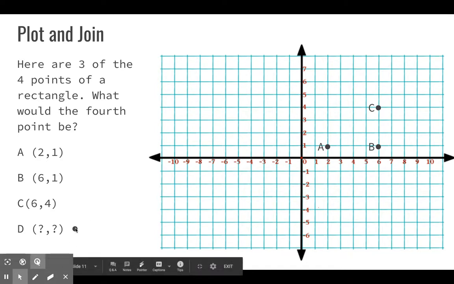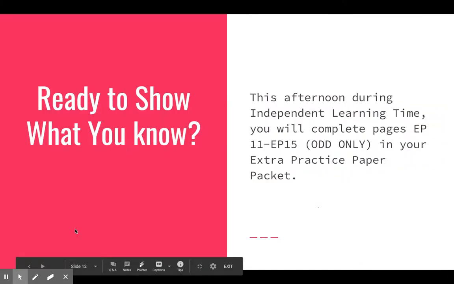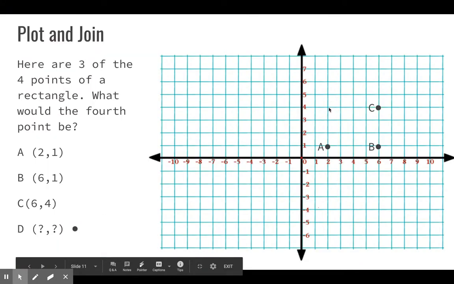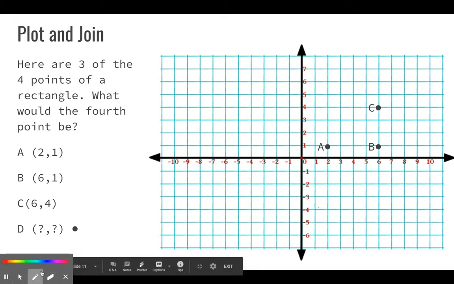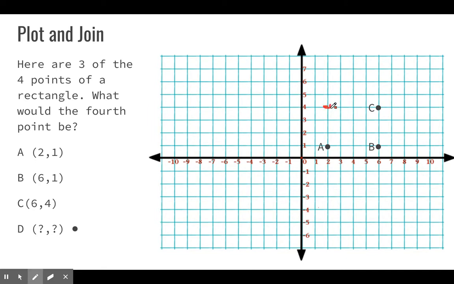Well, I hope you realize that point should go at 2, 4, right? If we put a point at 2, 4, that would finish my rectangle. I could connect the dots and end up with my rectangle.